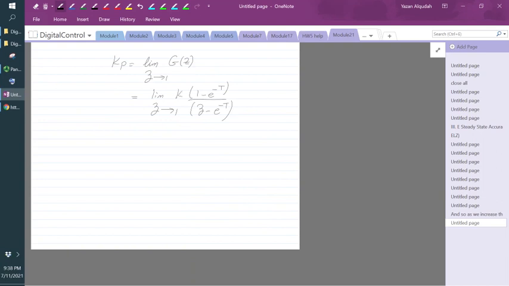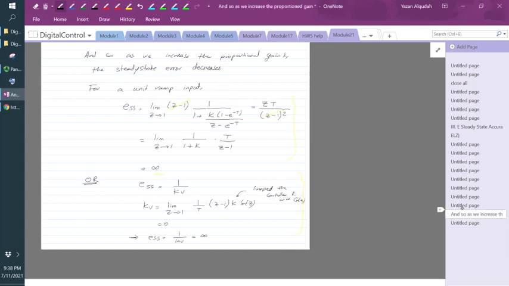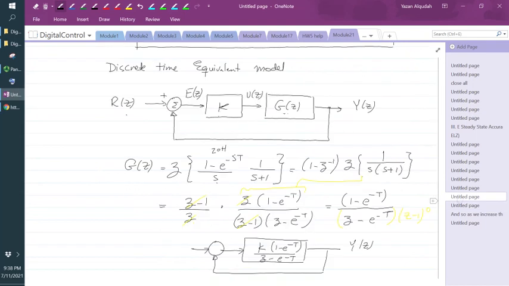This K, I mean, if K is equal to 1, I won't have to worry about it. But if there is a gain in the system, I have to include it with G of z. So since this is G of z, we redefine G of z to include this K that was in the gain.